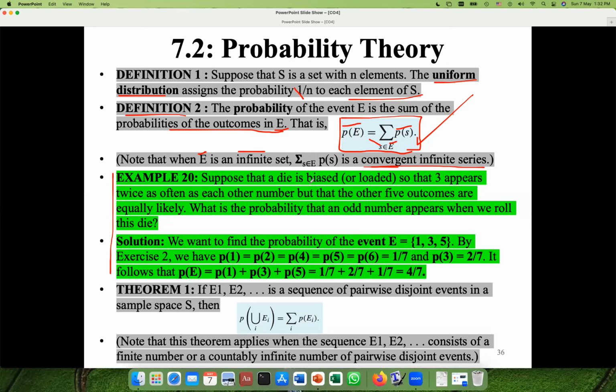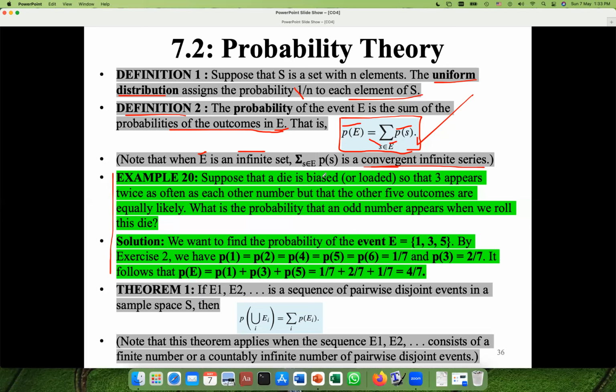Suppose that a die is biased, meaning there is something wrong with the die. Maybe you have done something wrong with it because you are an expert of the Ludo game. Loaded means maybe you have put some weight on one side, or scratched some weight from that side.